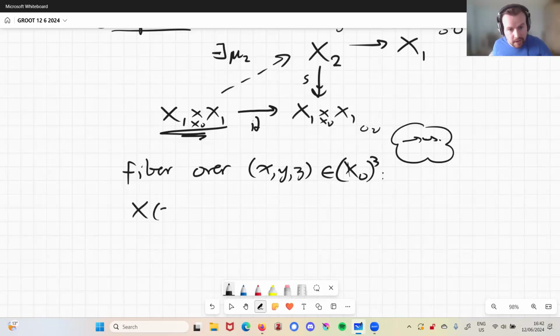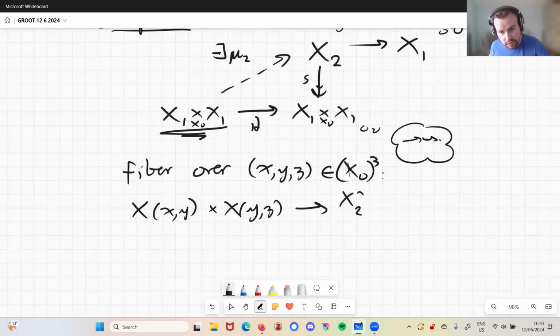We get a map from x2, which I'm going to just quickly write with a superscript x, y, and z to say it's fibered over those 3. It's just the chains with a composite where everything is x, y, and z.